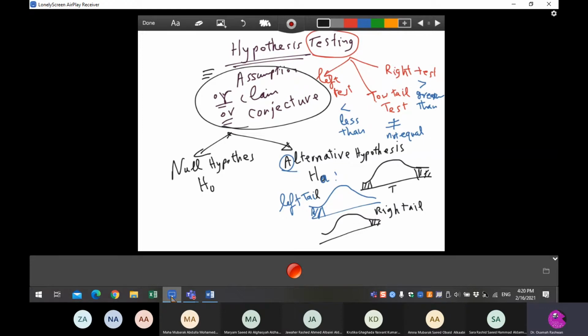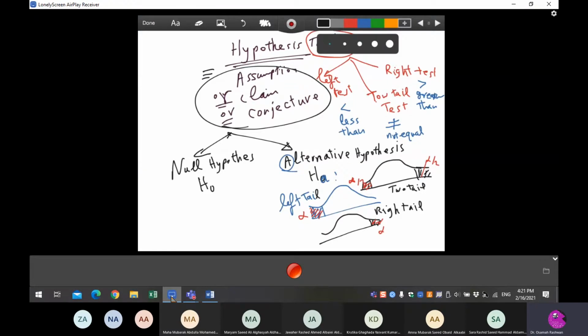This is what you call two tail. What is the value of this tail? This is alpha. This area is also alpha. But when you have two tail, you split alpha into two pieces. This is alpha over 2, and this is alpha over 2, right? This is very important.